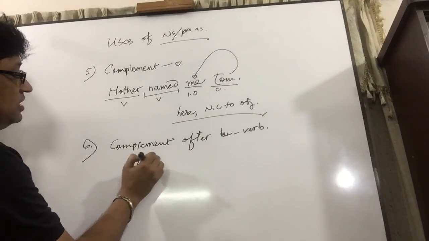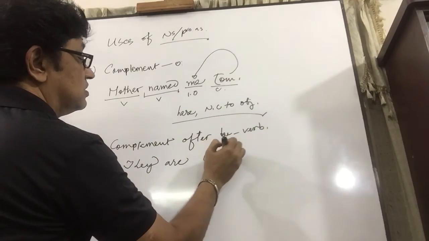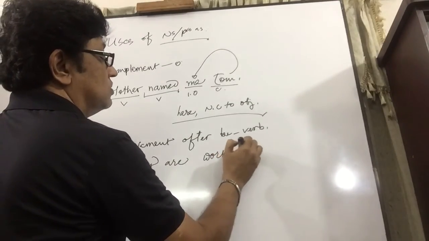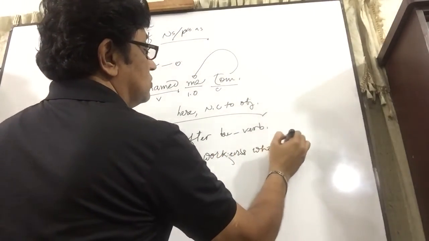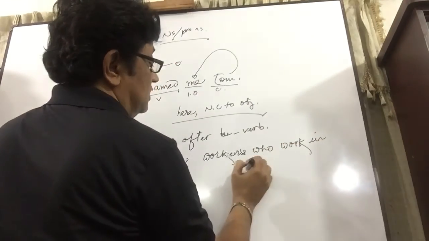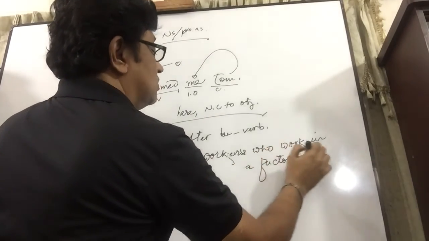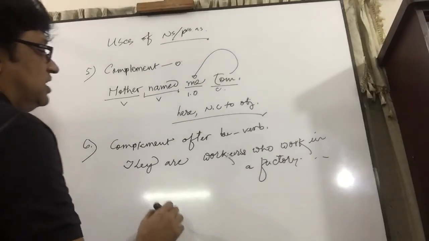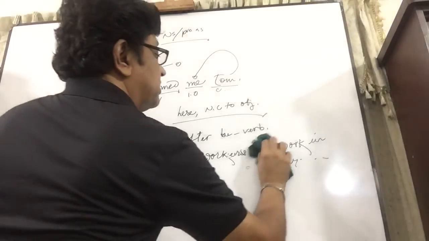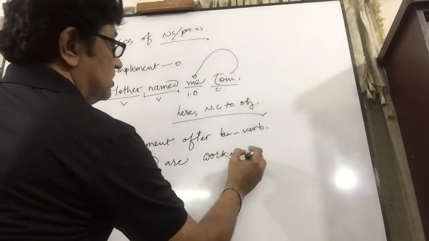Suppose they are workers, who work in a factory or something else. Or else you can leave that part of the sentence. Only say they are workers.